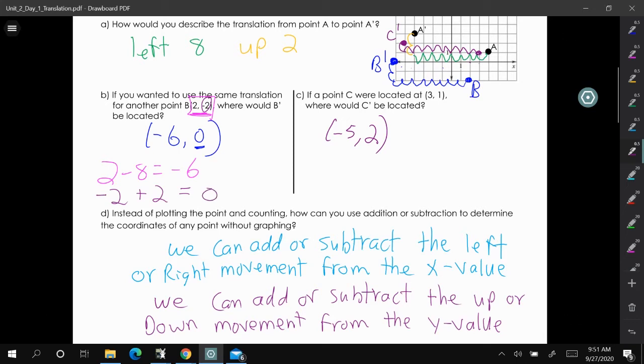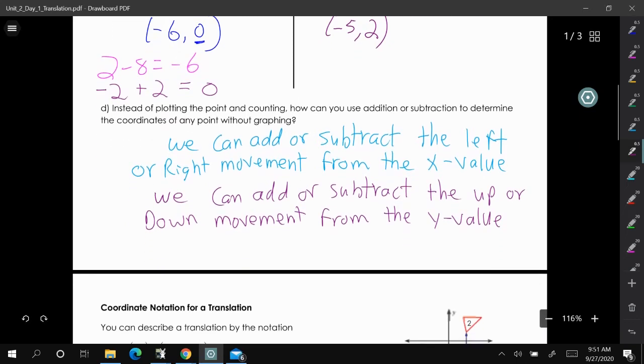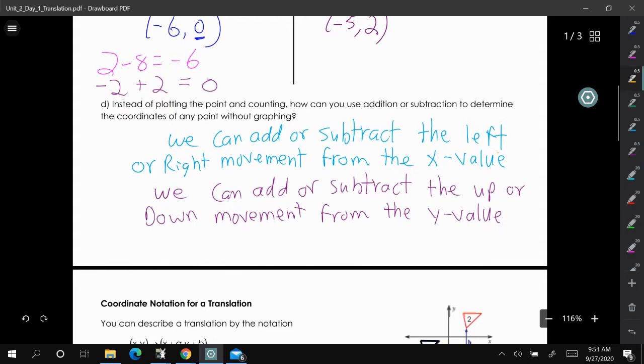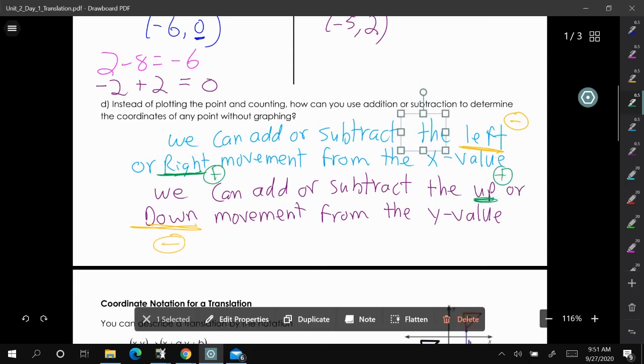So you might say, well, how do you know if you subtract or add? Well, if you're moving left, we're going to subtract, and if we're moving down, we're going to subtract. If we're moving right, we're going to add, and if we're moving up, we are going to add. So that is how you would know.